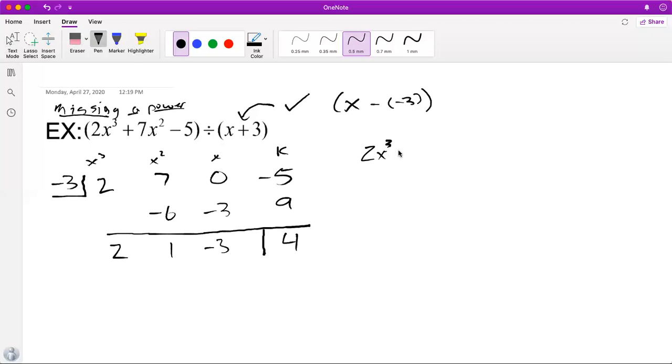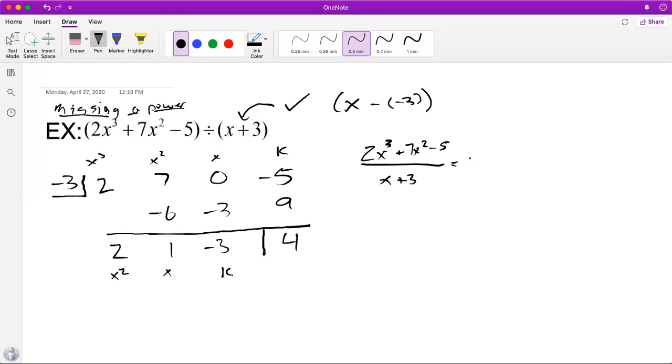2x cubed plus 7x squared minus 5 divided by x plus 3 equals, and then this is going to be no x's, 1x, 2x's, right? Everything up here shifts to the left one for my new thing, but I think of this as being no x's, 1x, 2x's.